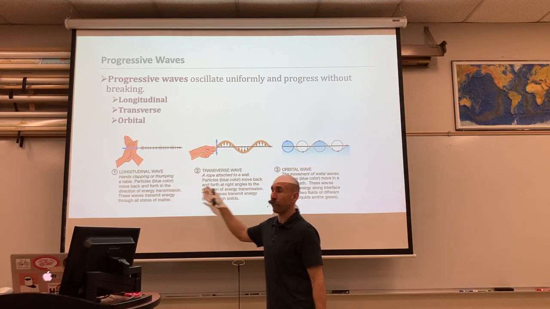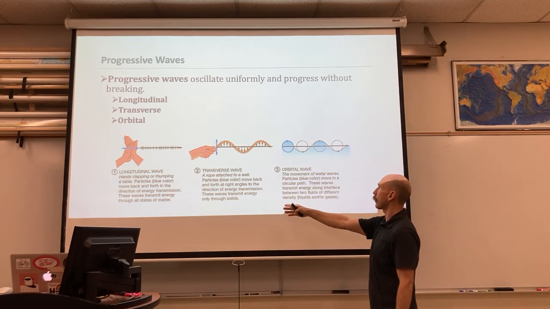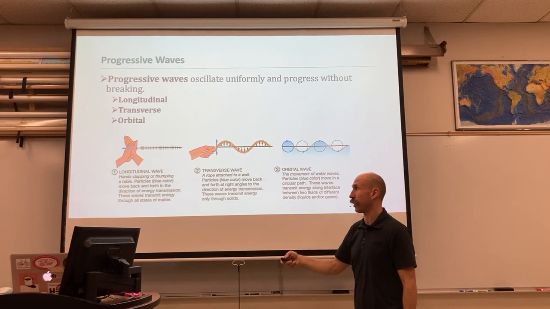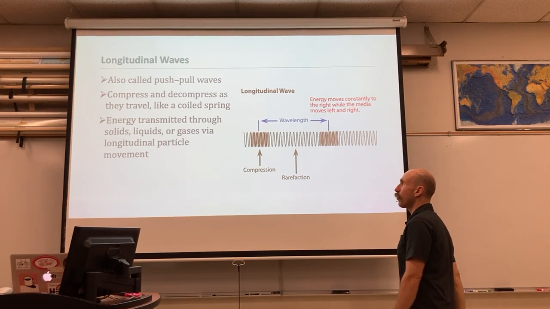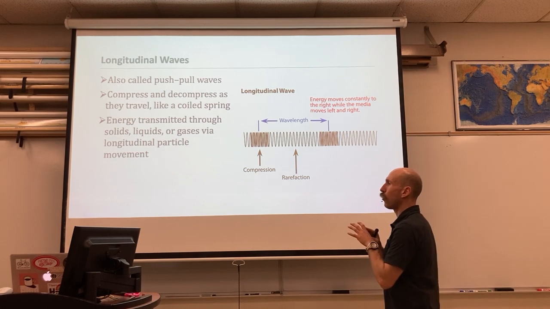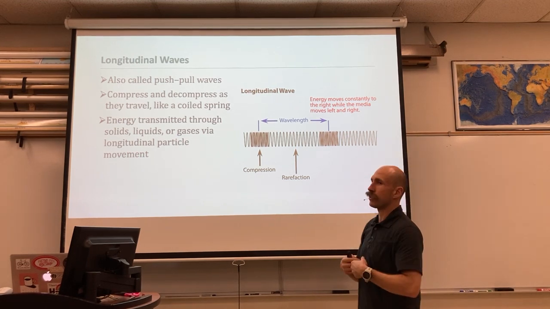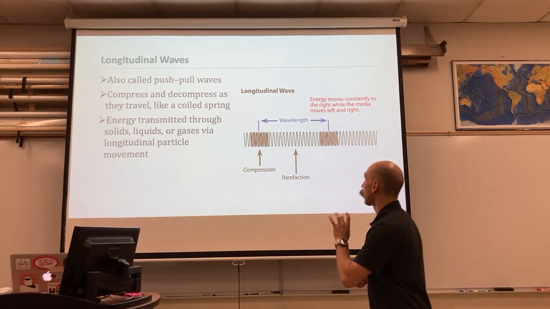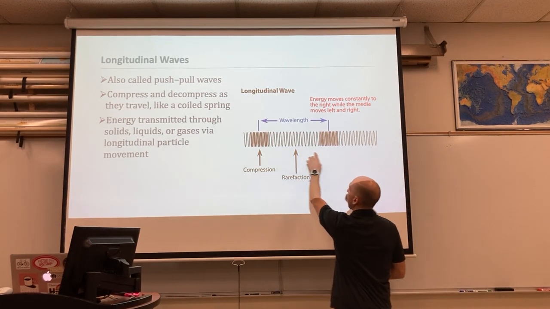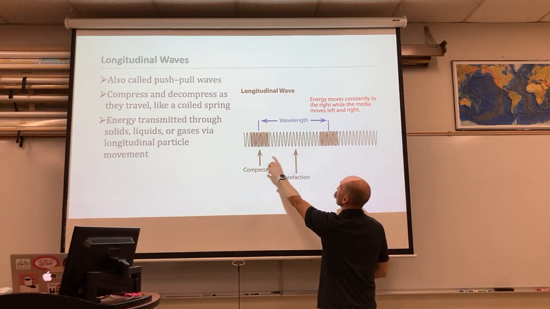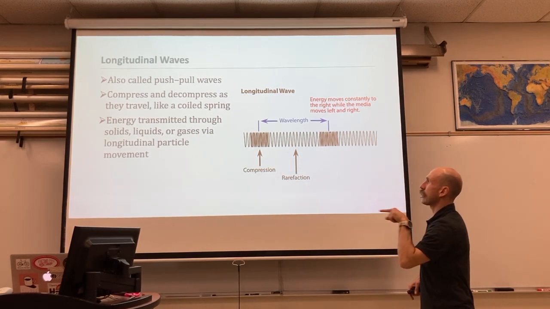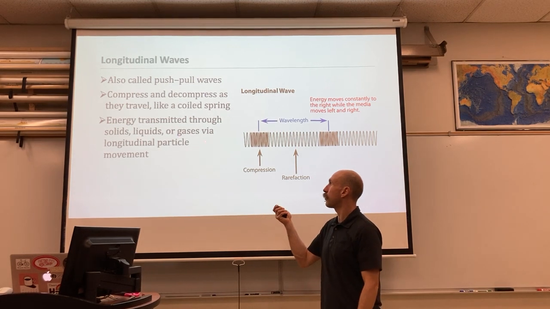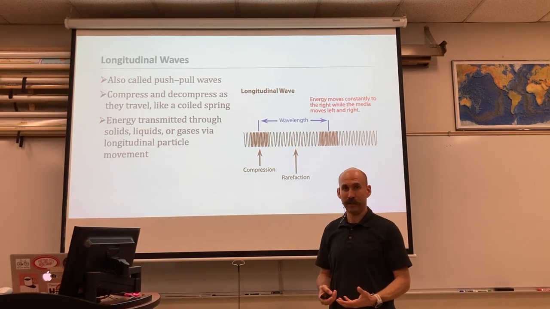We have 3 main types of waves: longitudinal, transverse, and orbital, and they have different characteristics. Longitudinal waves are the push-pull. If we were to think about seismicity, this is the same as the primary wave. So it's a push and pull, a compression and release, and the energy is in a forward and back movement. Energy like this can move through solids, liquids, or gases.